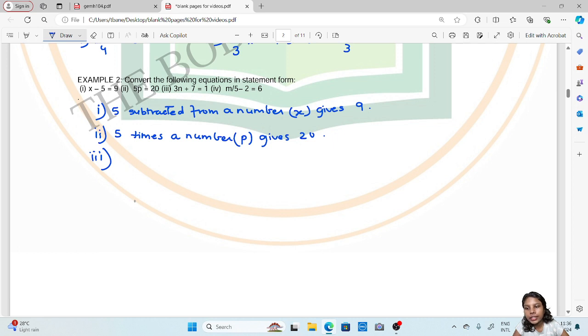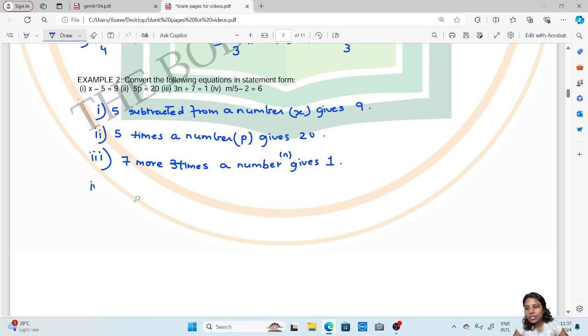We'll write it like this now: 7 more than 3 times a number gives 1. So what does it mean? 7 more is plus 7. 3 times a number is 3n. So n, the number, gives 1.